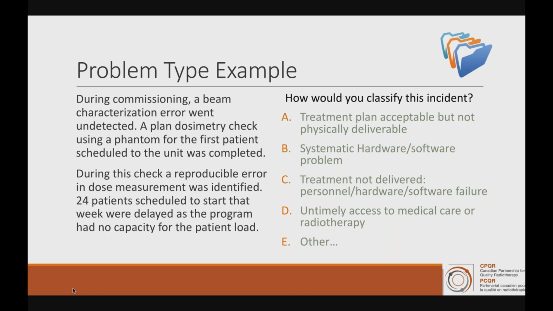So how would you classify this incident? Treatment plan acceptable but not physically deliverable, systematic hardware software problem, treatment not delivered, personnel hardware software failure, untimely access to medical care or radiotherapy, or other.